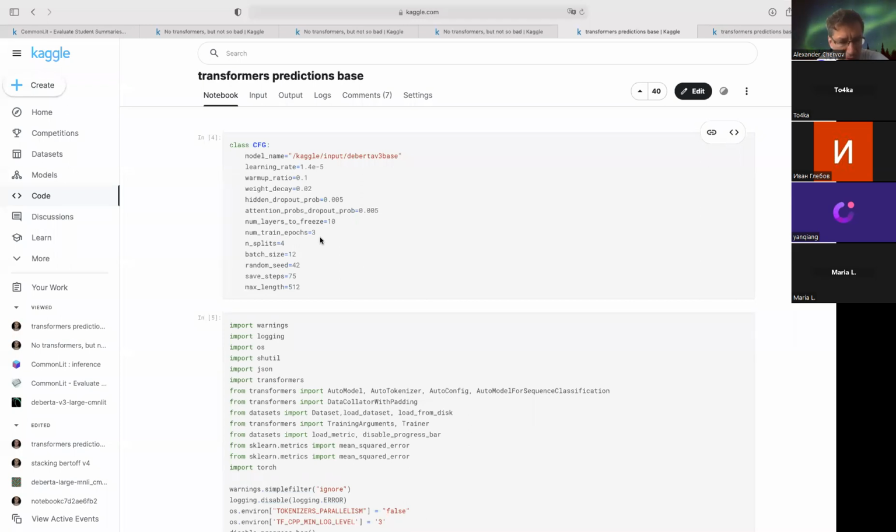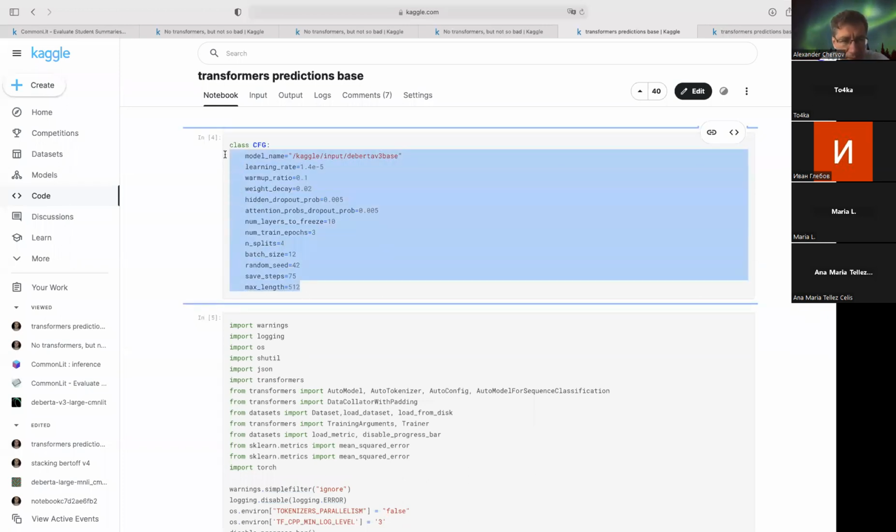Okay, I'm not very familiar with this natural language processing environment, so can you please comment a little bit on the code? So first we load some model. Yes, what model do you use? Here I use a config class where we declare the model name and all other hyperparameters which we are going to use in training.